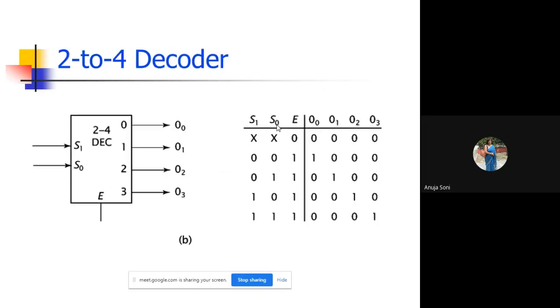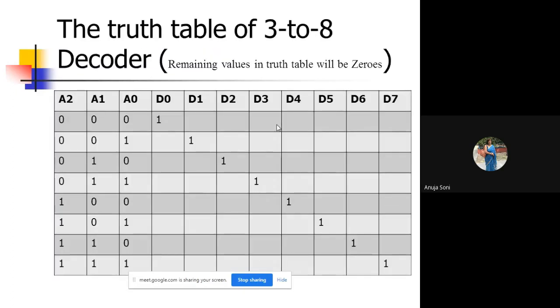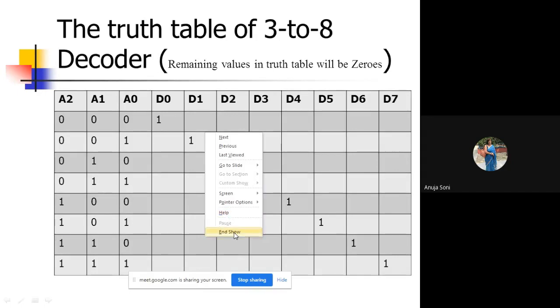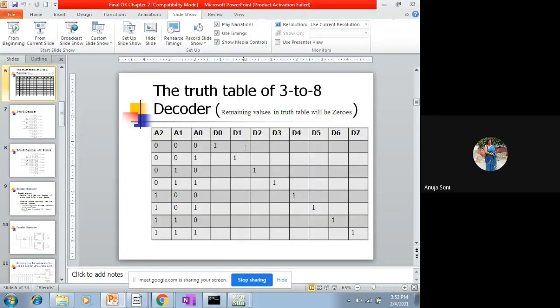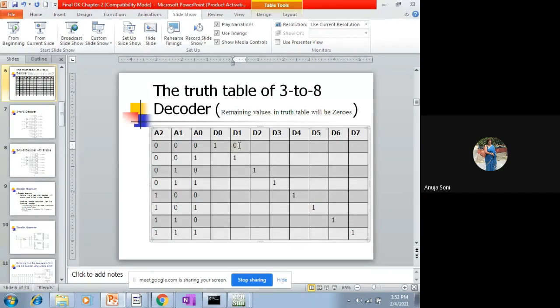I think the table is not placed here. This is the table, but you need to place all the zero values, which by default are left out. All remaining values will be 0. That has been missed here. So you have to fill all these values with 0 at the moment whichever decoder is not working, that is not selected. All these values will work as 0.